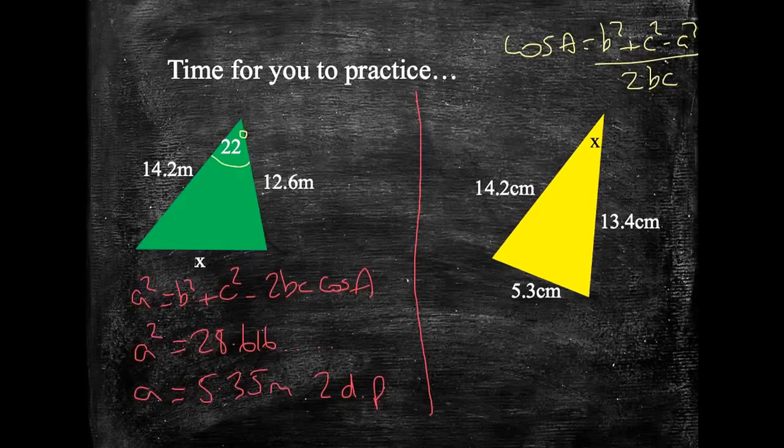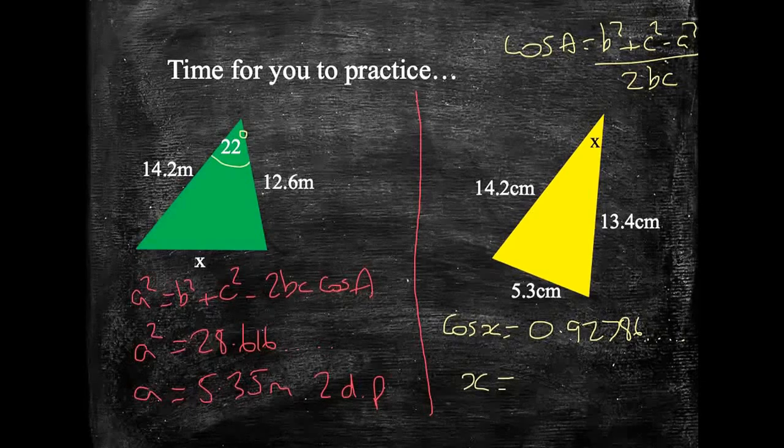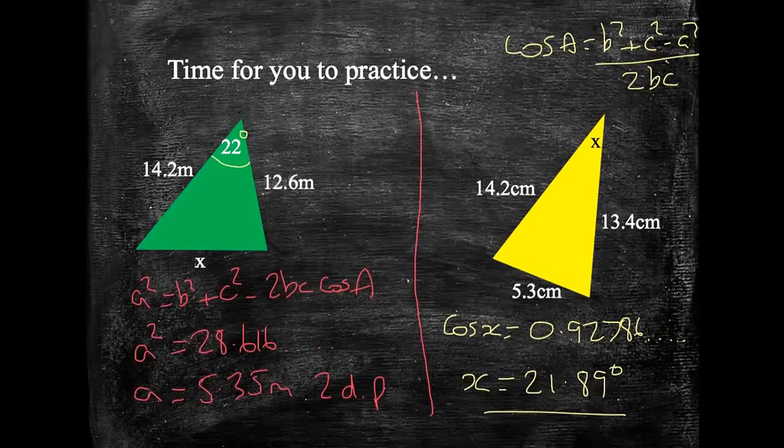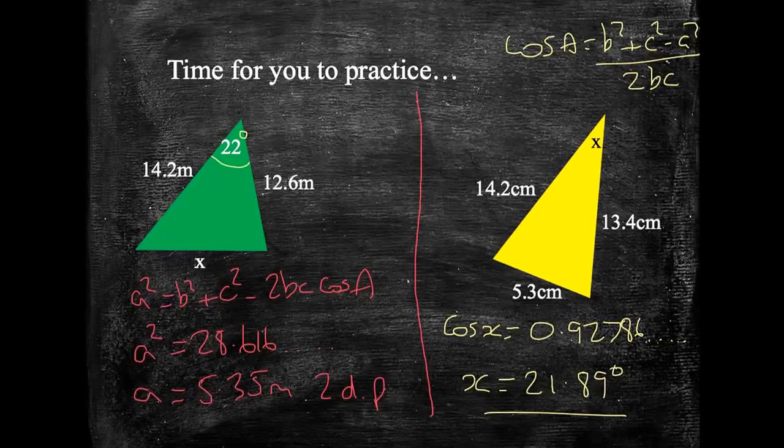Type all my values in, you'll get that cos x equals something in the region of 0.92786 and so on, which means that x, the angle, is 21.89 degrees, again to 2 decimal places. Again, if you didn't get that, double check that you put your values in your calculator correctly, double check that you're in degrees mode and not in radians or something like that.